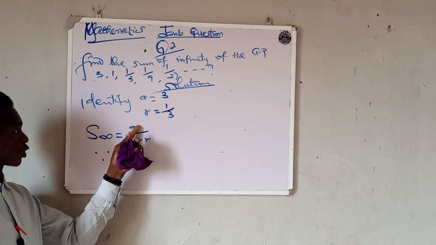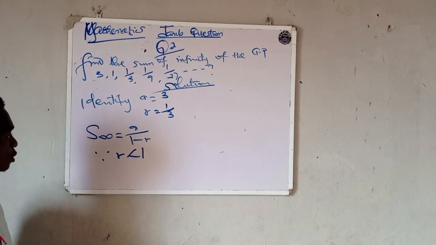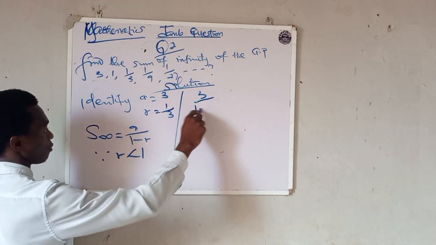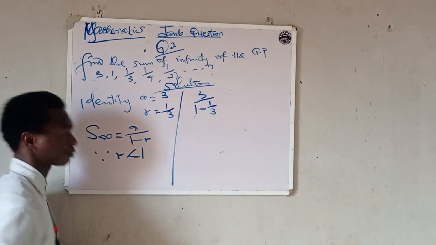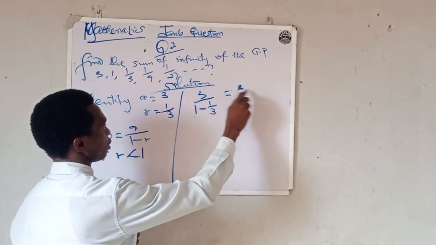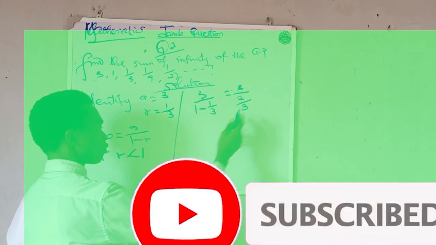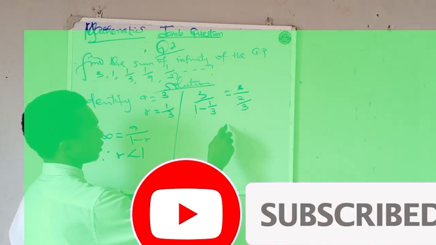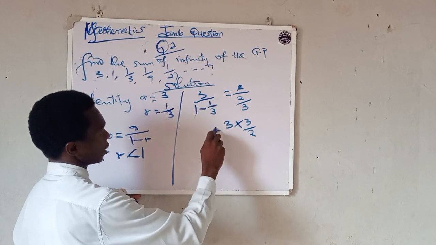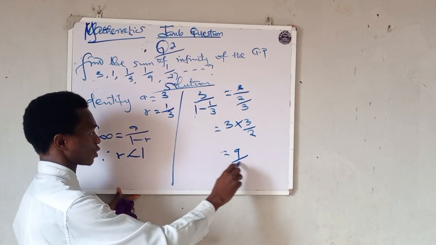Let's substitute the values into the formula. What you're going to have is your A is 3, over 1 minus 1/3. Of course, when you take 1/3 from 1, you are left with 2/3. So 3 over 2/3 is the same thing as having 3 times 3/2. 3 times 3 gives us 9/2.